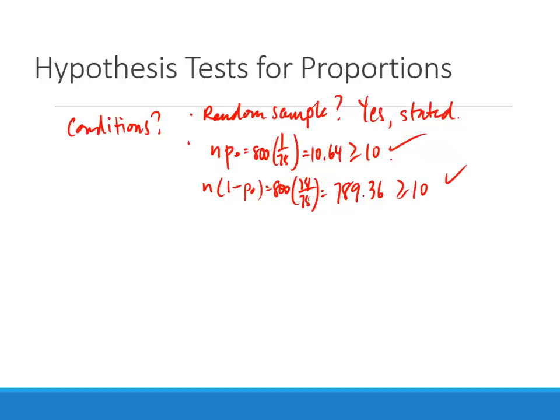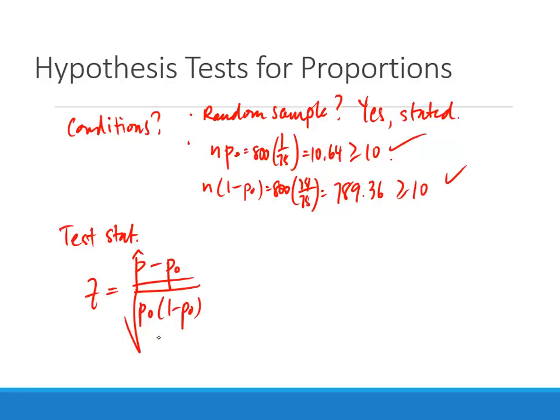Okay, so then my test statistic again is a z, which is p hat minus p0 over the square root of p0 times 1 minus p0 over n. What's my sample proportion here? 16 over 800, minus 0.0133.